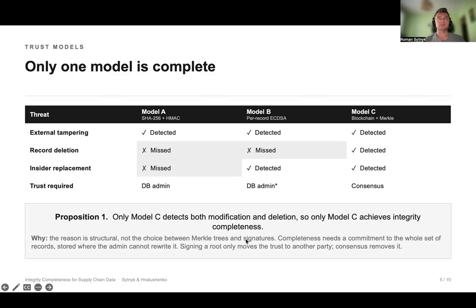Model B can be expanded, for example, by chaining the signatures or by assigning a Merkle root over all records, but some party must still sign that commitment, so the trust in this network is only moved to another party. So it doesn't resolve this problem. And in Model C, consensus replaces that single trusted party.